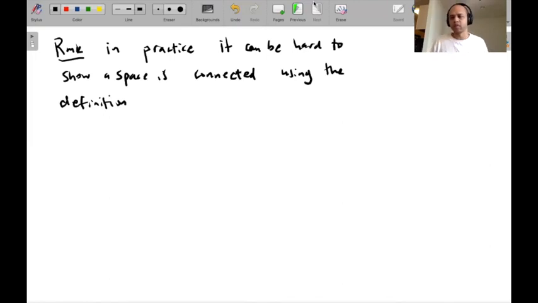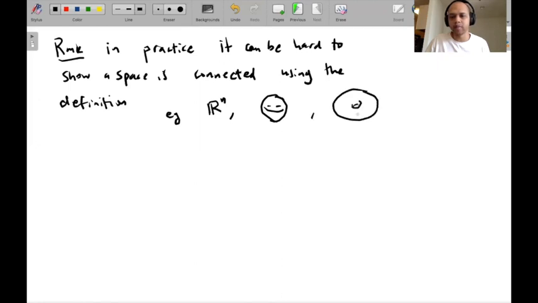To show a space is disconnected is easy because you just have to find U and V. But to show it's connected, you have to show there doesn't exist any U and V with these properties. So we'd like to show some of these spaces are connected, but this is a pain with the definition.